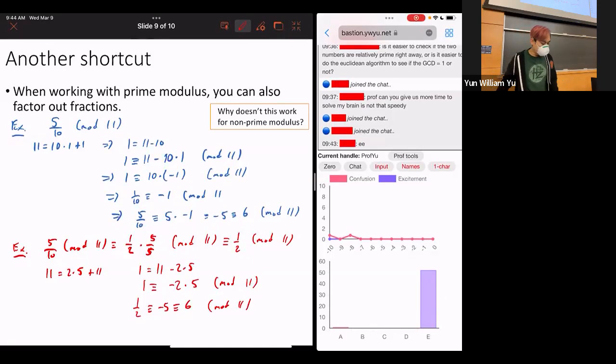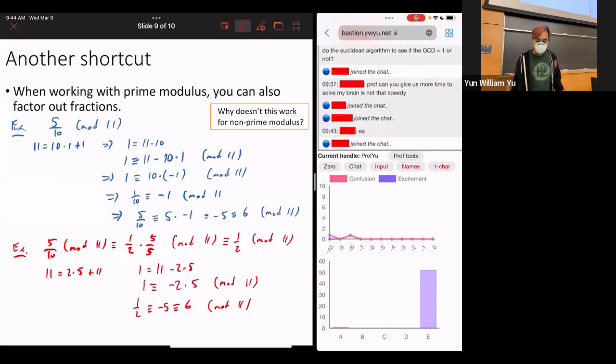Okay, so when you have fractions and you have a prime modulus, you can factor out fractions. Anyone want to give a guess as to why this does not work for non-prime modulus? It might sometimes work for non-prime modulus, but it will not necessarily work in general. And there's a deep reason for this, which you guys should be able to recognize.